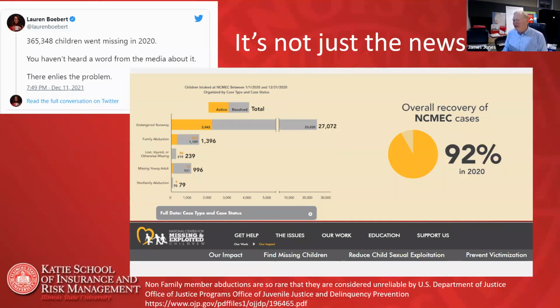And by the way, when you hear these things, one thing you can do, if you don't have to go through this analysis of finding the data, is say, look, if there were 365,000 children missing, would the tens of thousands of journalists out there of all political stripes, all competing with each other and all trying to get your attention, would they all conspire to not tell you about it?